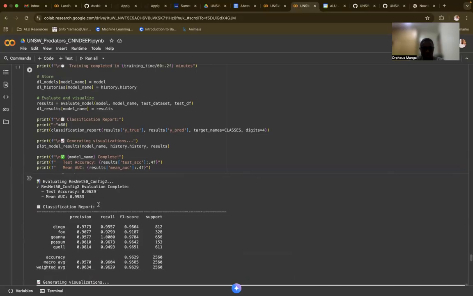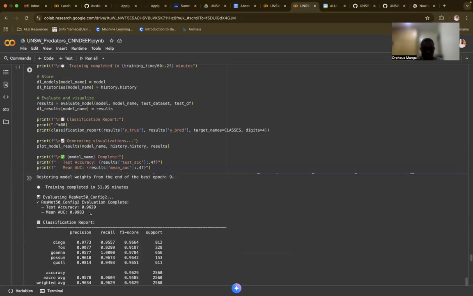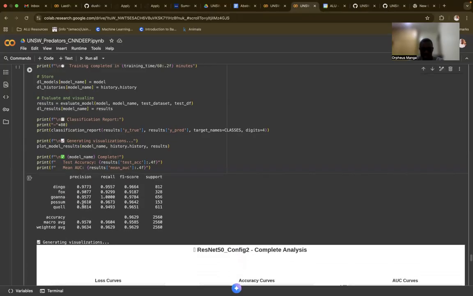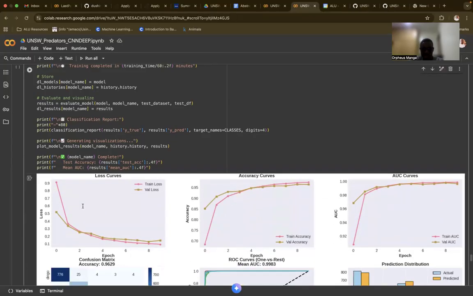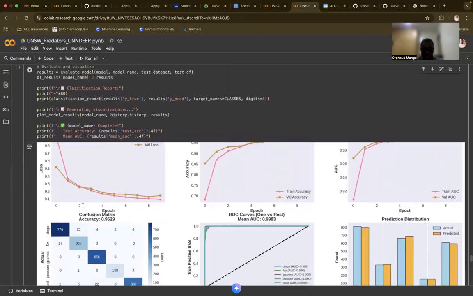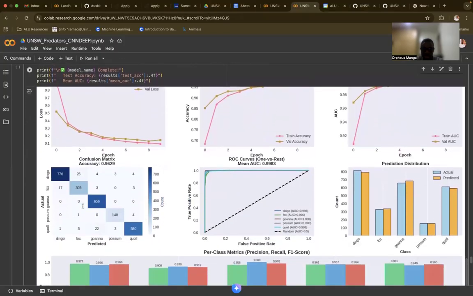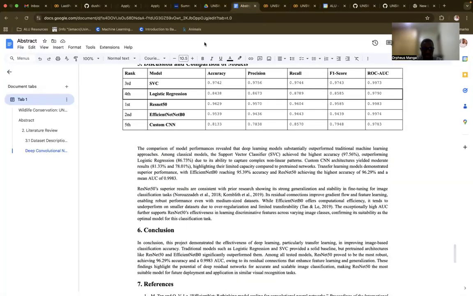We see that it has an accuracy of 96%, which is the best performing model compared to any other model. This is the confusion matrix, and it shows that it's classifying the different classes of animals correctly, although there are some inaccuracies.